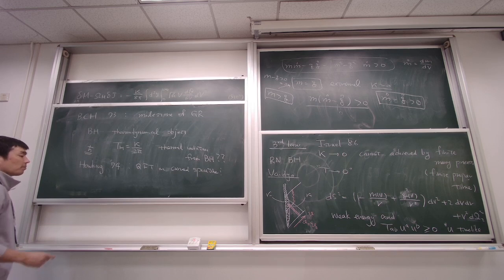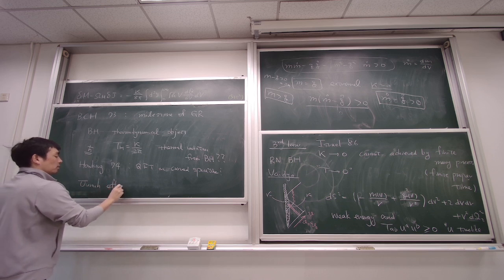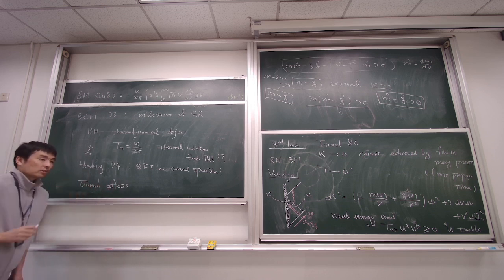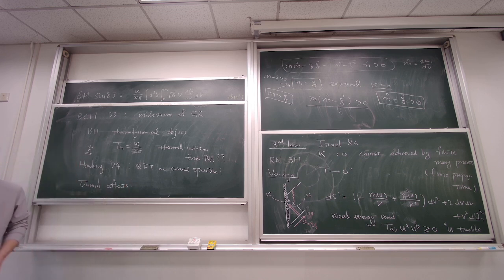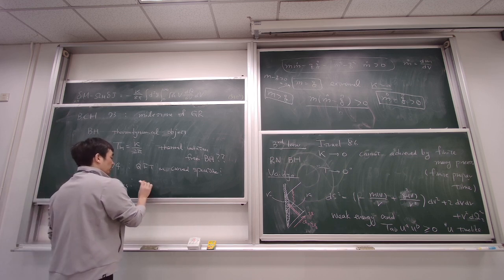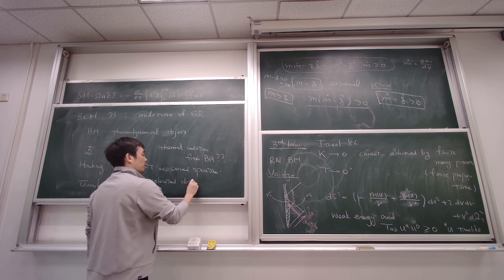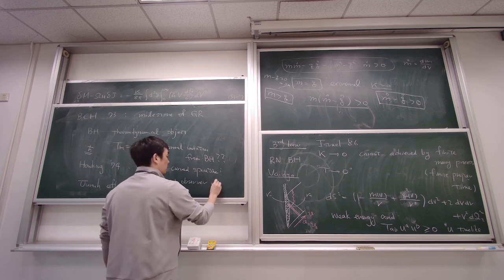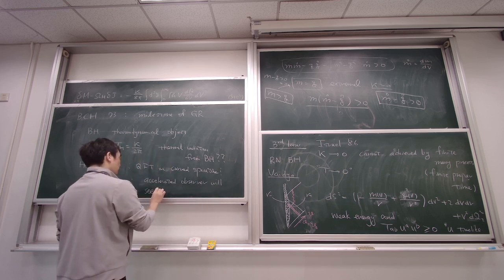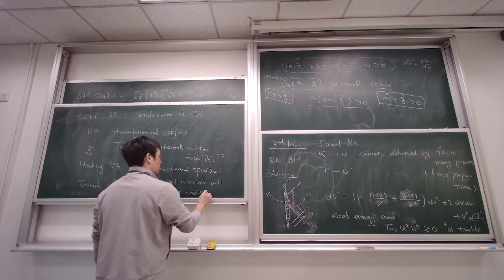Before that, there is something very interesting, the Unruh effect. This is also a very typical phenomenon in QFT in curved space-time. The observer here is an accelerated observer. We'll see particle creation from vacuum.